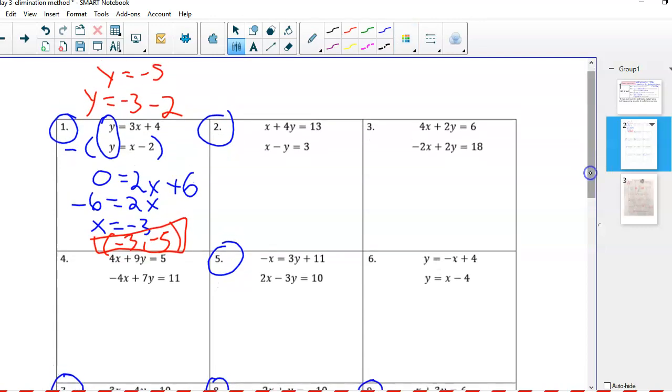For number 2, do we have 2 variables with the same coefficient? X. Would we add or subtract these to eliminate it? Subtract.